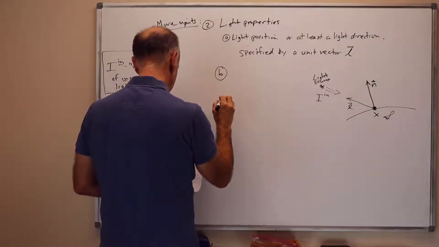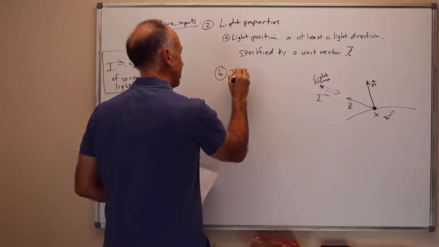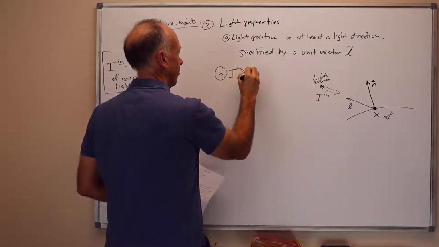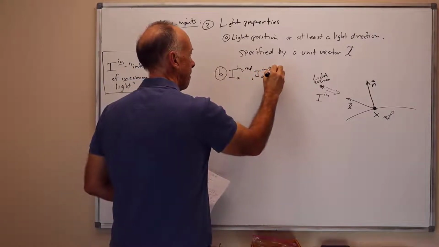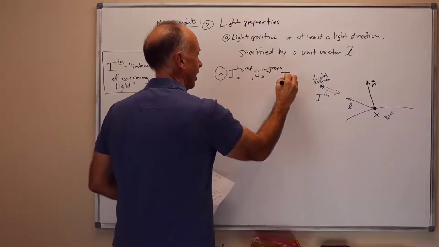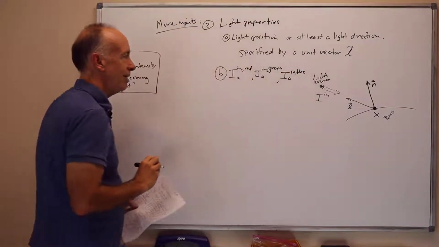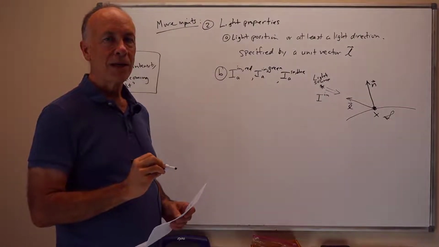So, we have ambient incoming light. There's I_A in, which is ambient incoming light, and we're going to have three of them: I_A in red, I_A in green, and I_A in blue. Remember, we are splitting light into ambient, diffuse, and specular components.